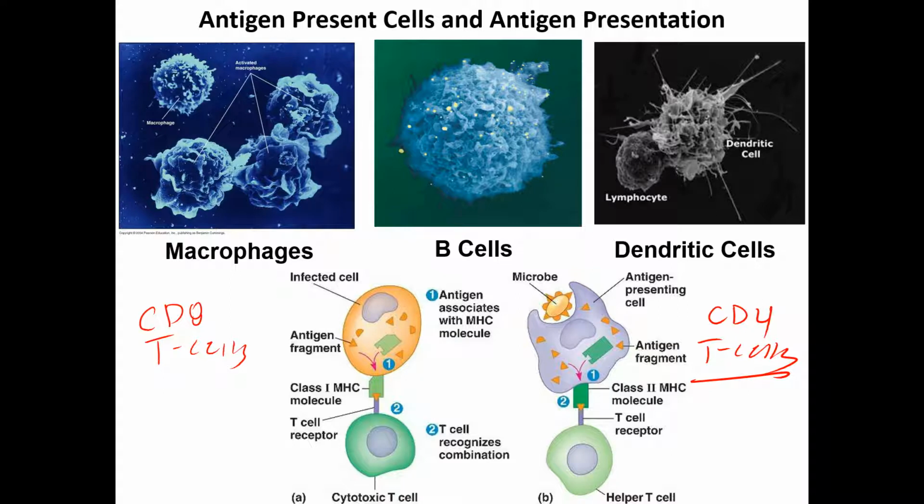So keep in mind that your antigen presenting cells, your macrophages, your B cells, your dendritic cells, these guys have both MHC1 and MHC2 that they can present on their surface. All other cells of the body that have a nucleus only have this MHC class 1 surface marker.